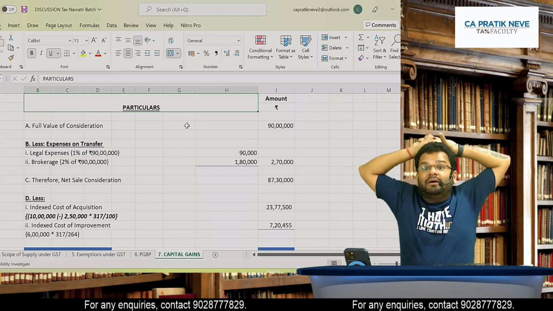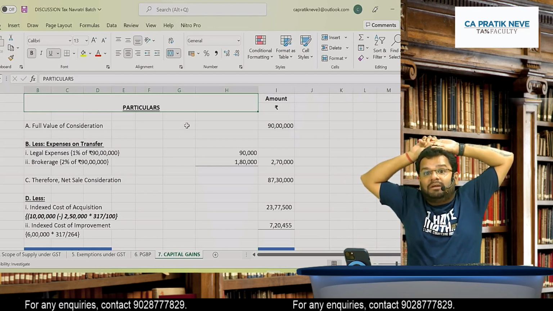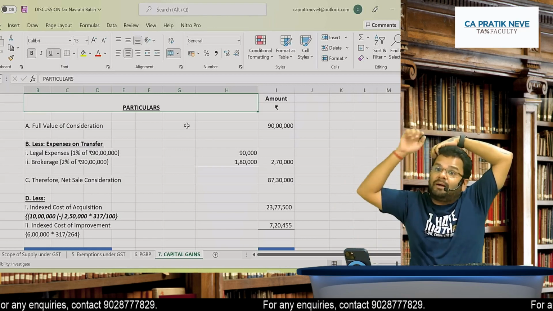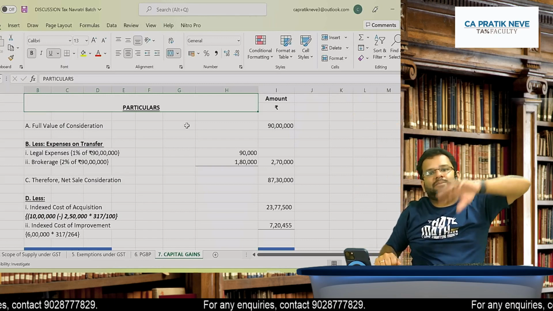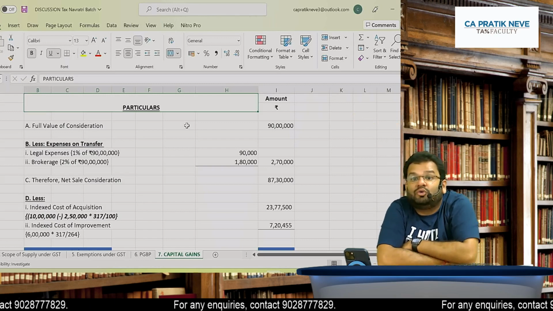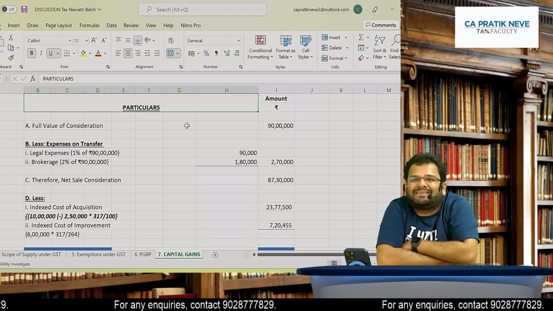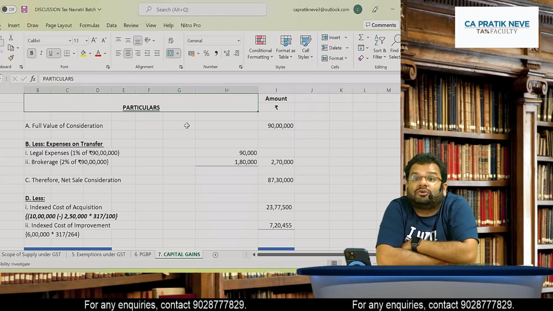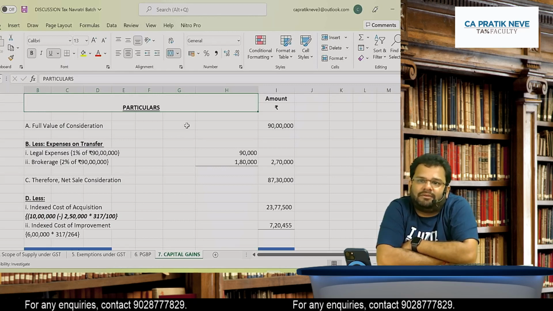I accepted money from someone to sell my capital asset. That money was accepted on 1st March 2018. 2 lakh rupees was accepted.